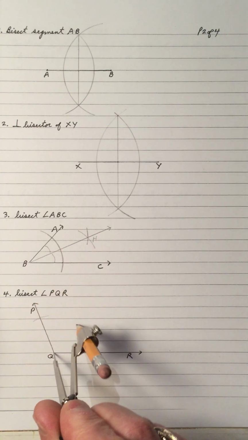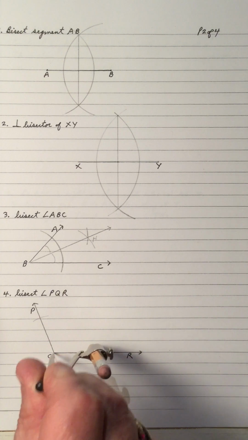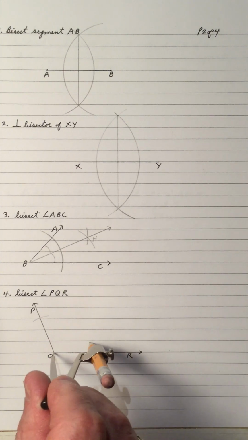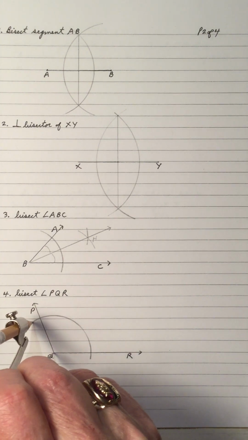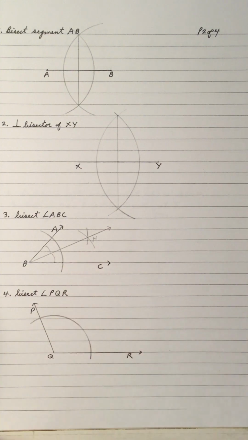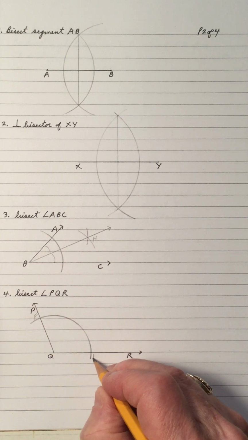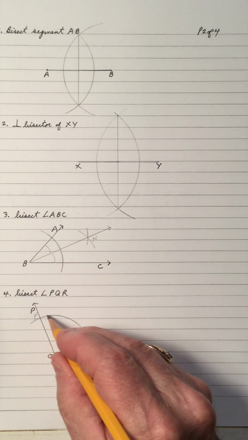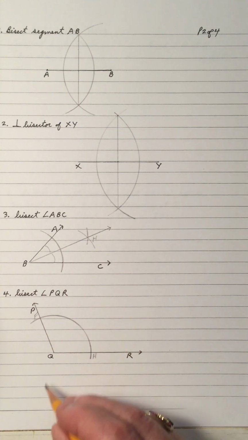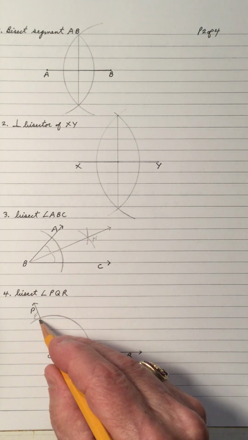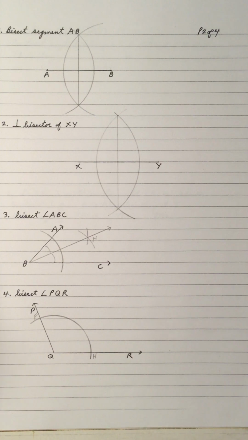Now I can go all the way around, or I can just do this. It's my choice. But if you want to go all the way around, let's mark this time. That means that this is QF, and this is QH. Because this is circular, QF is equal to QH.